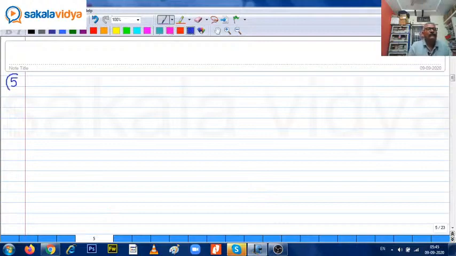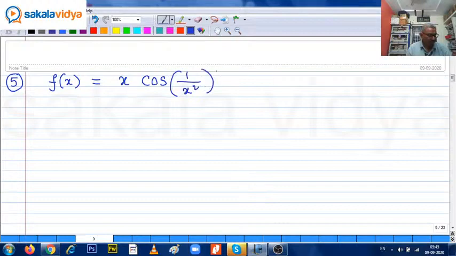Fifth problem. f(x) = x times cos of 1 upon x square, x does not equal 0. f(0) equals 1.